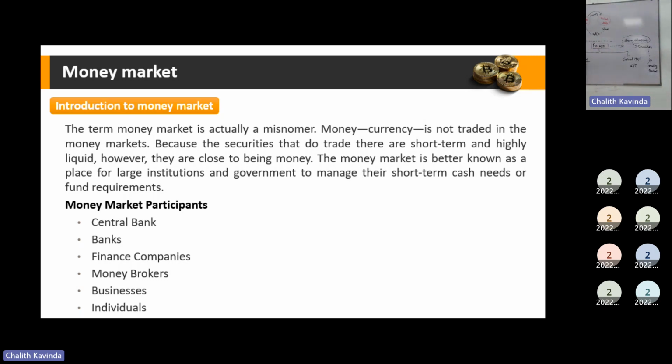Now we are going to look into this particular segment in a more detailed way. Shall I list this? So what are the sub-markets coming under money market?